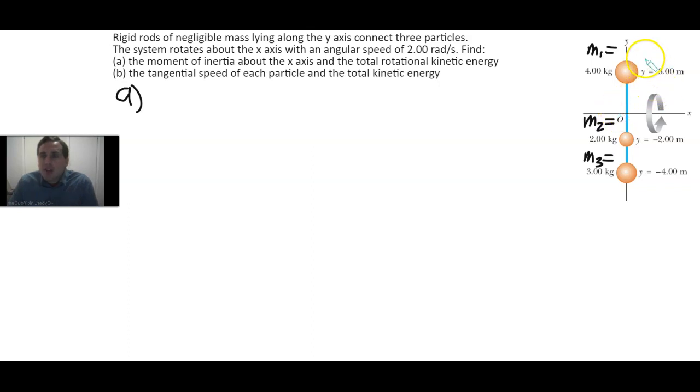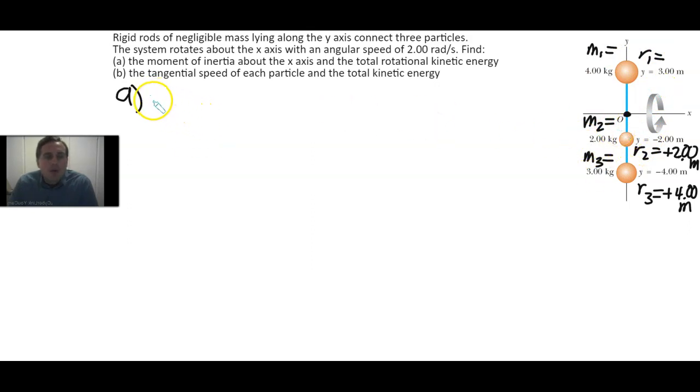So radius 1 is equal to 3.00 meters. Radius 2 is equal to positive 2.00 meters. And then finally, radius 3 is equal to positive 4.00 meters. That's because this x-axis will be the axis of rotation, so this is the point that the y-axis will pivot around.